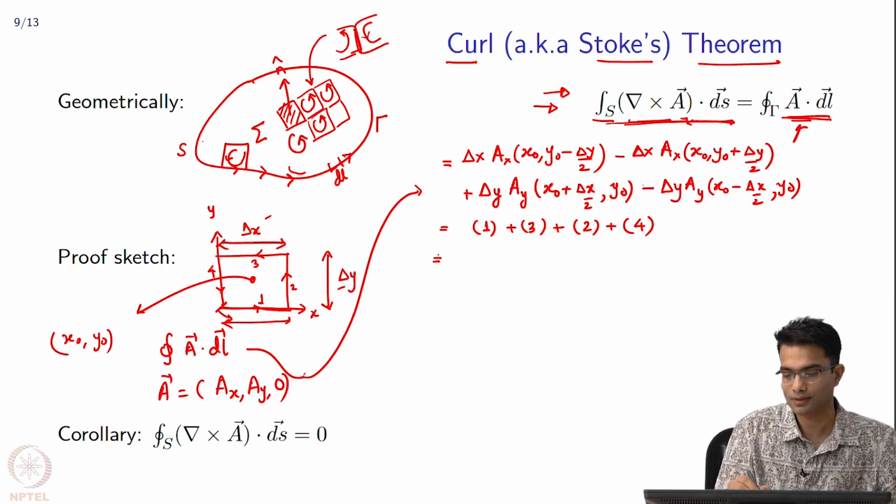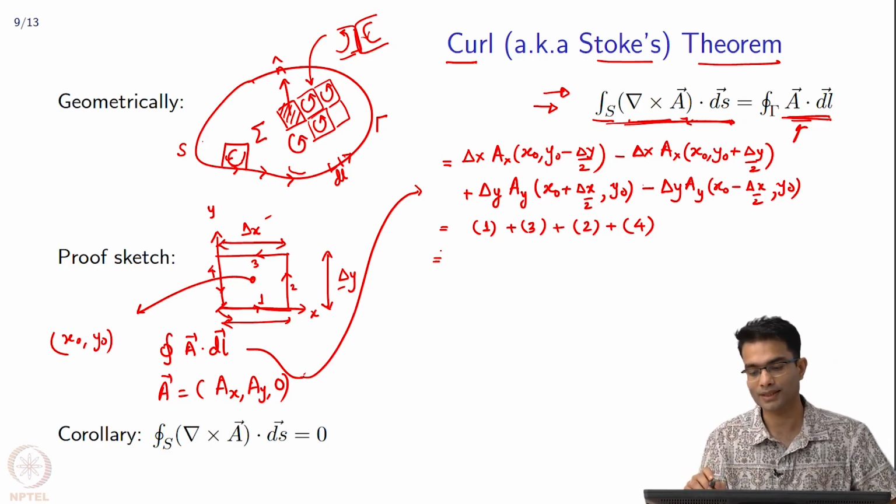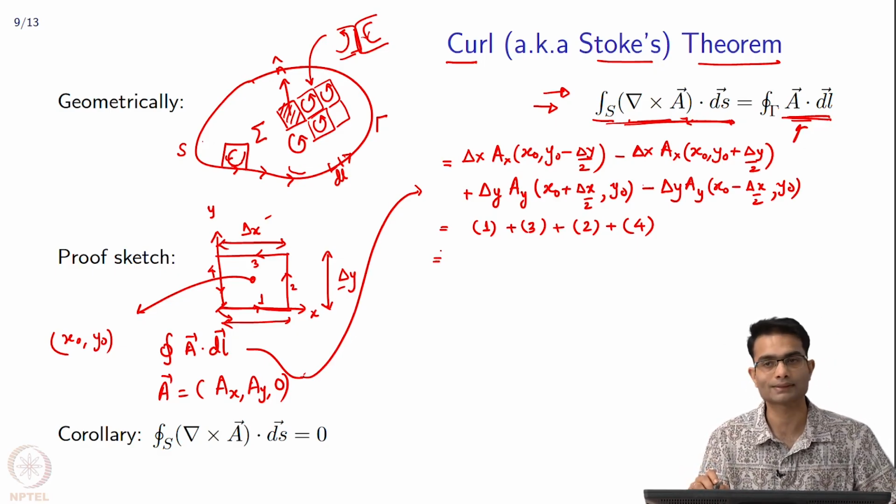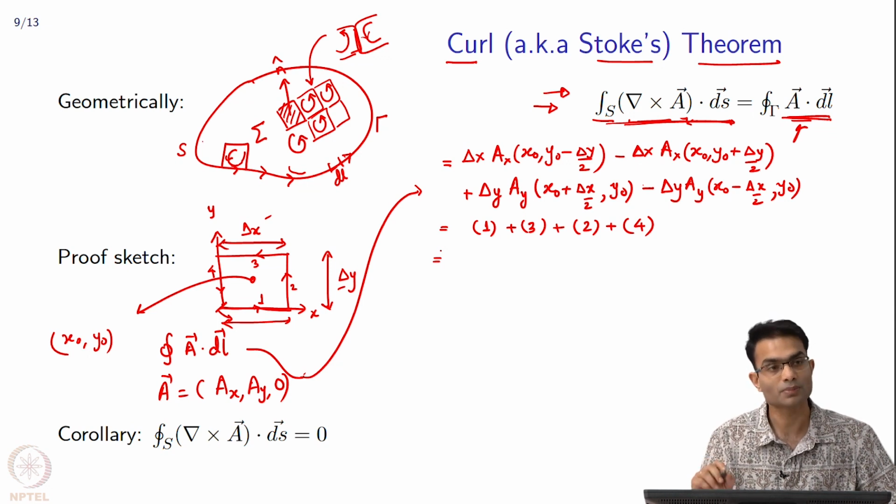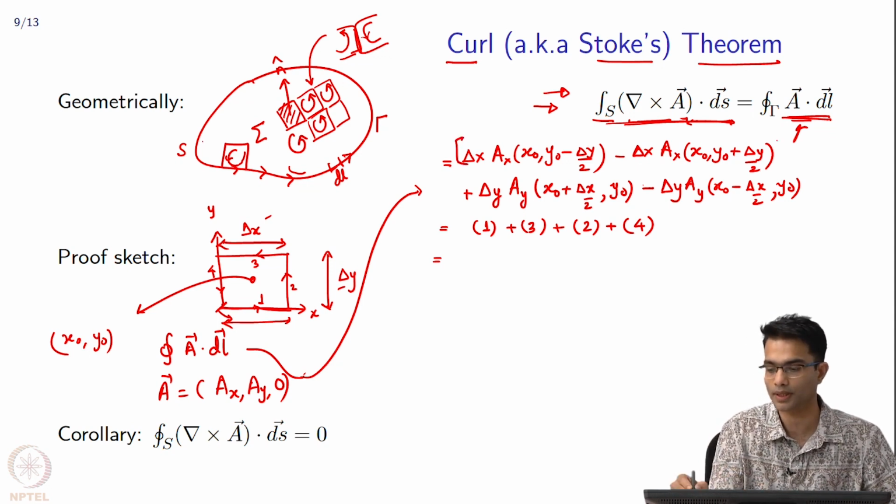Now let us look at these terms 1 and 3 together. What is common is delta x, and in paths 2 and 4 delta y. So, like we did previously, our trick will be to multiply and divide by the missing one. In the first two terms, I can multiply and divide by delta y.